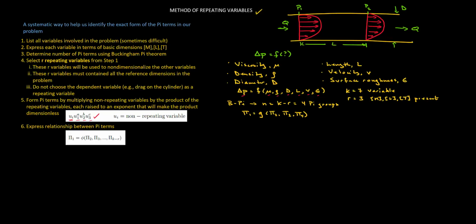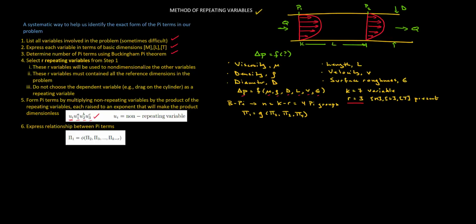All right, so we've listed all the variables involved in the problem. We've expressed each in terms of basic dimensions. We've determined the number of pi terms using Buckingham pi theorem. So now what we need to do is select our repeating variables. So r is equal to 3.